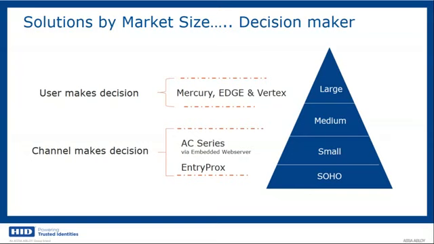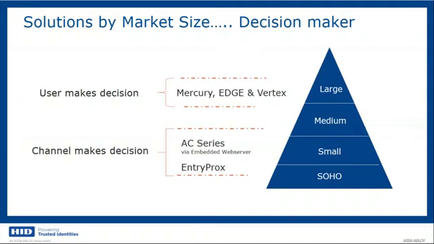Here, HID has two solutions that we can offer to our users: the AC Series, the one that we are going to discuss today, and Enterprox, a really old line that HID has had in the market for a long time.